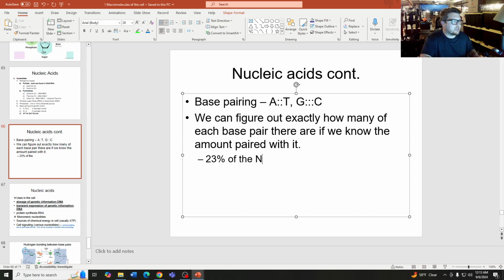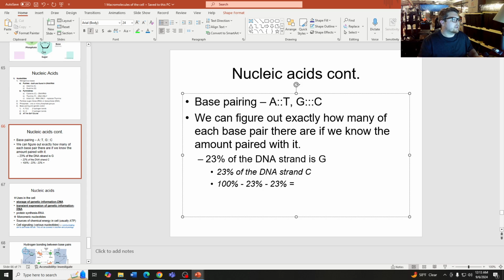So for example, let's say we have a strand of DNA and we say 23% of the DNA strand is G. We can immediately know we can pair that with C, because 23% is G, another 23% has to be C. And so we figure that out. 100% minus 23% minus 23% gives us 100 minus 20, that's 80, minus another 6 is 54, so 54% remaining.